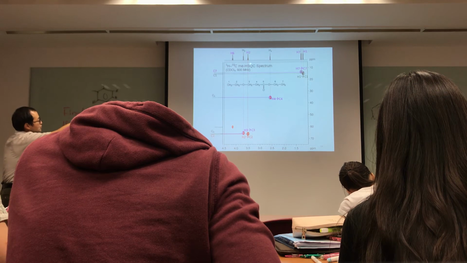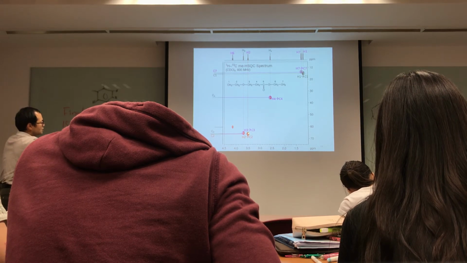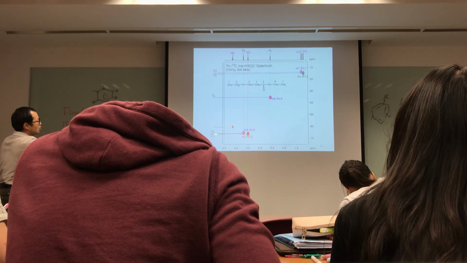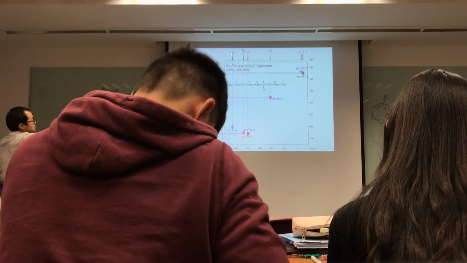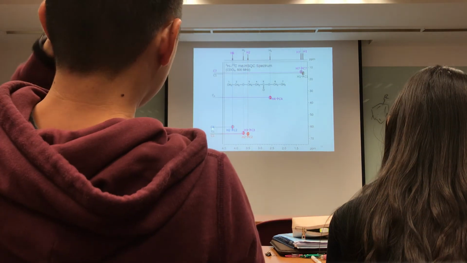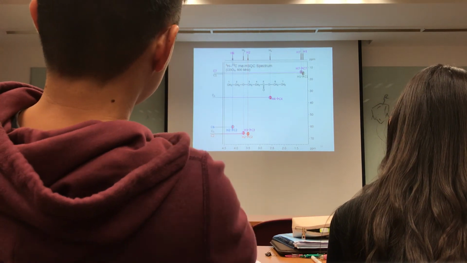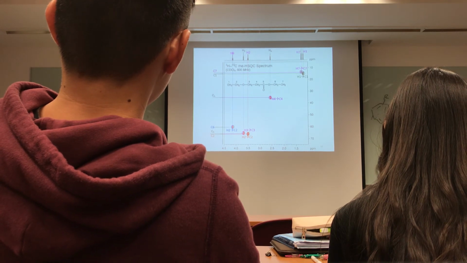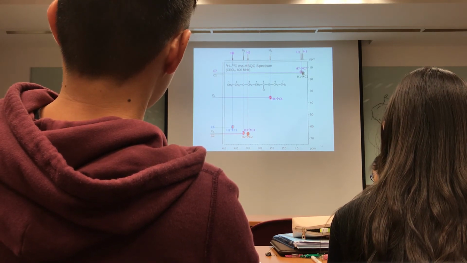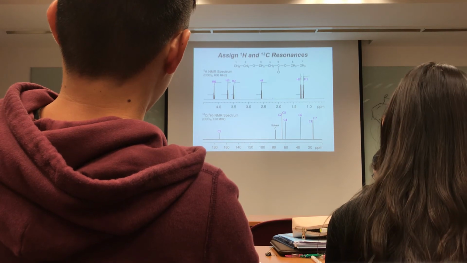Then proton 2 is here, it corresponds to this. That means the lower one will be carbon 2. Then this is proton 6, then this will be carbon 6. By this, we assign all the carbons. We assign all the protons, all the carbons is here.